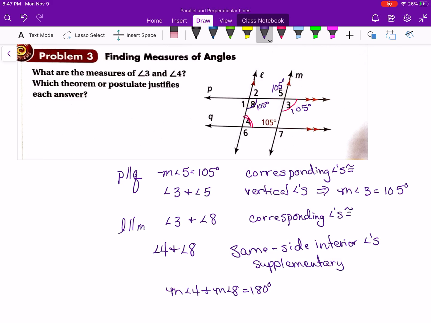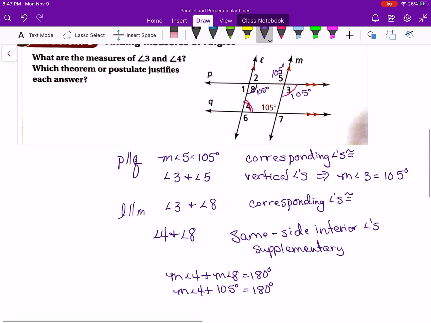We know that angle 8 is 105 degrees. So we can subtract 105 from 180. And it gives us that the measure of angle 4, the other angle that we're looking for, is 75 degrees.